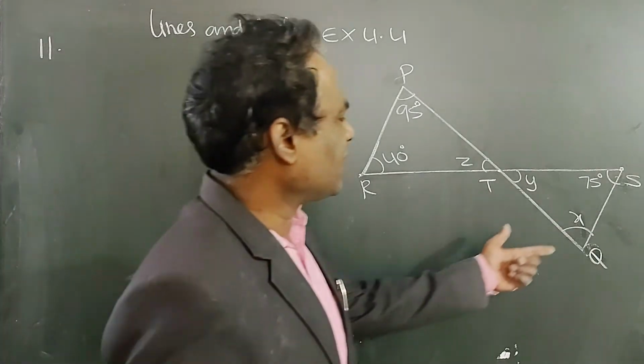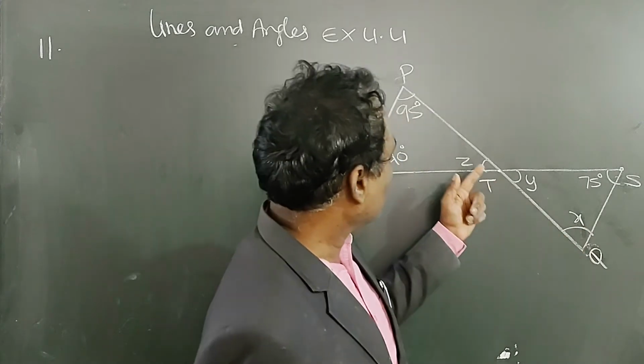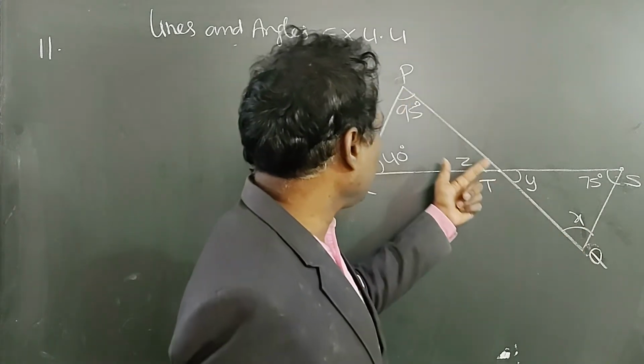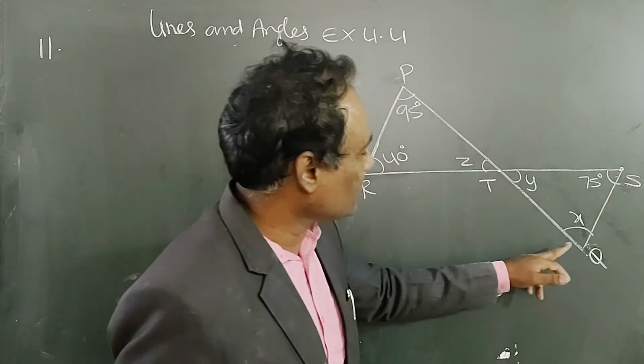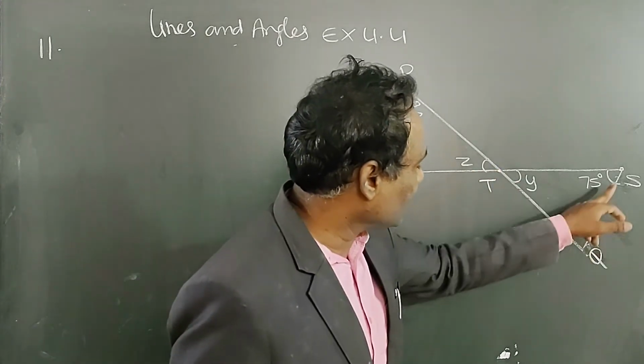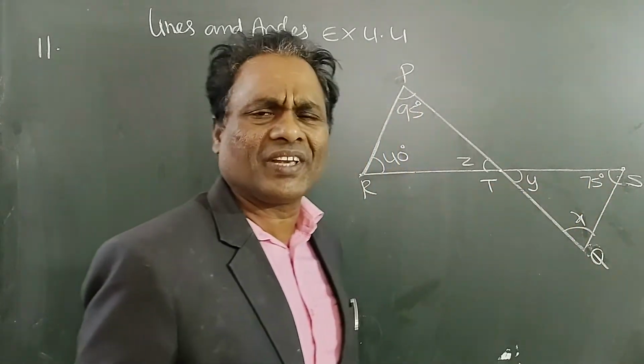Otherwise, no need of writing X, Y, Z. Instead of X, you can write SQT. This angle can be written as PTR. This angle can be written as QTS. Like that also we can represent.